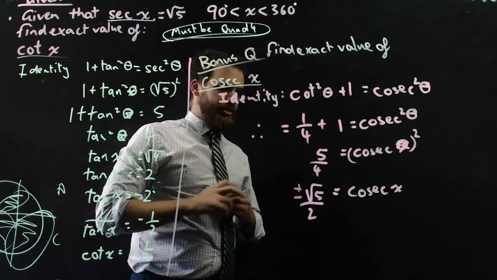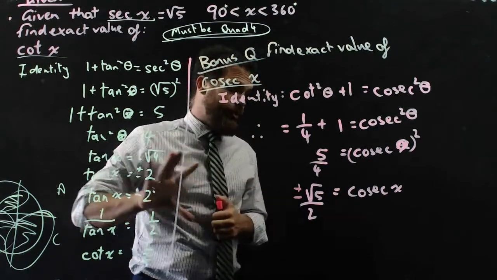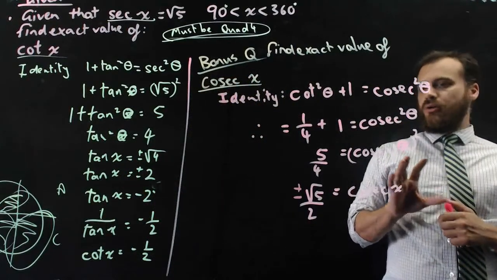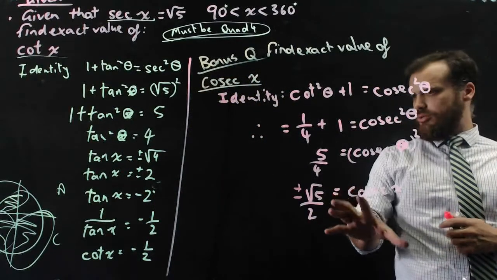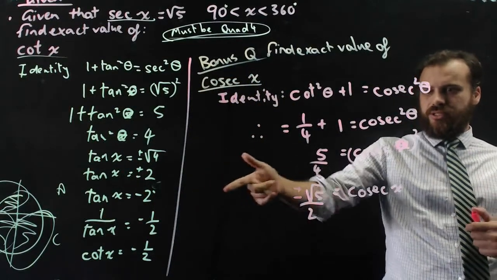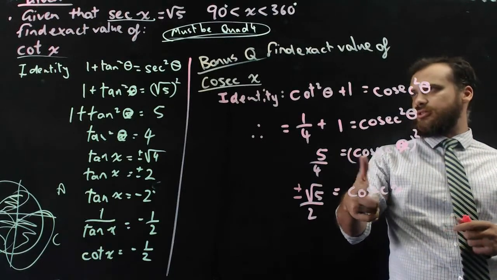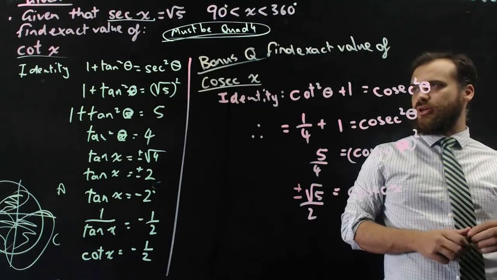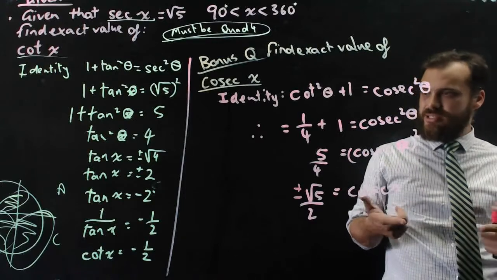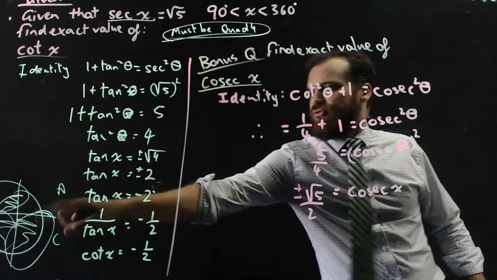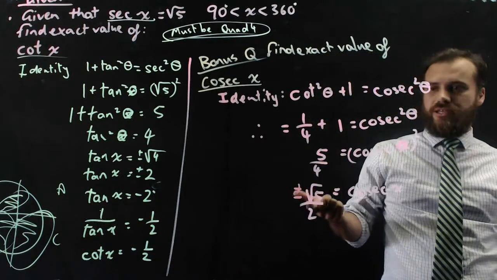So then we need to go back to thinking about what quadrant we're in. Go right over here. What quadrant are we in? We're in quadrant 4 still. Cosec is sine's cousin, and sine in the 4th quadrant is negative.